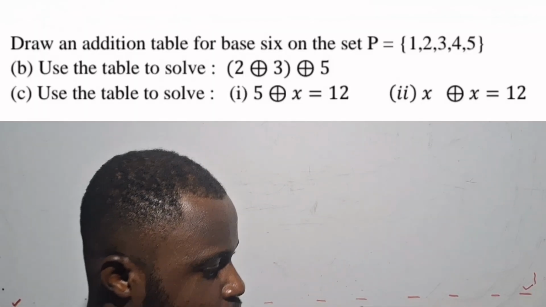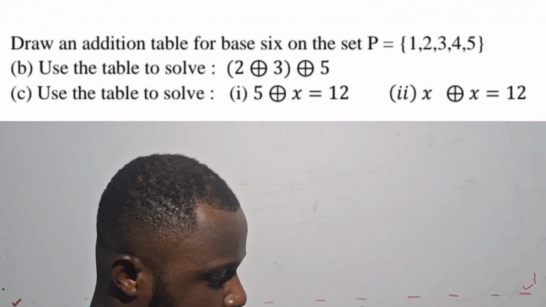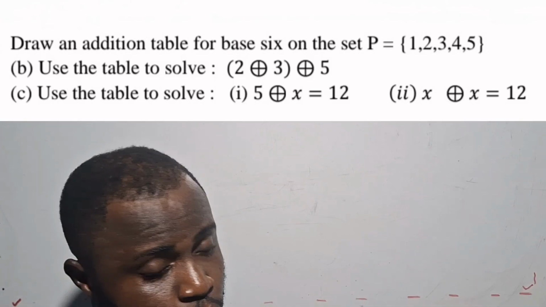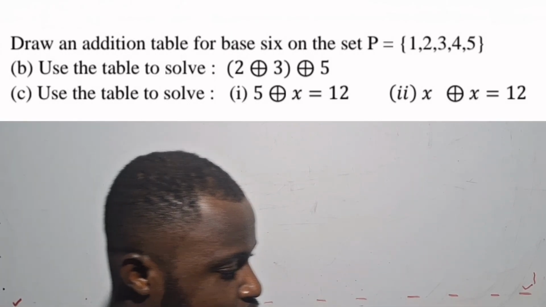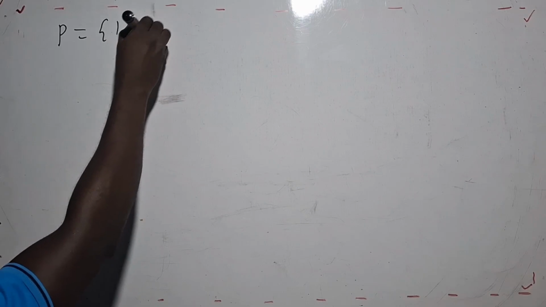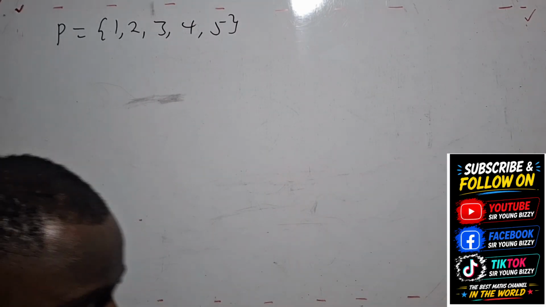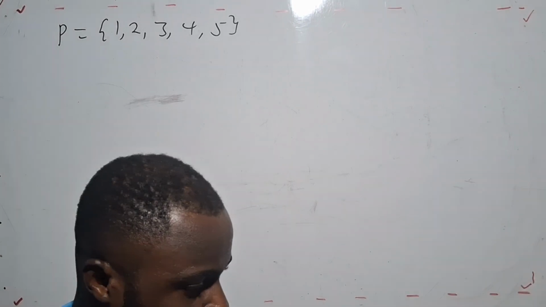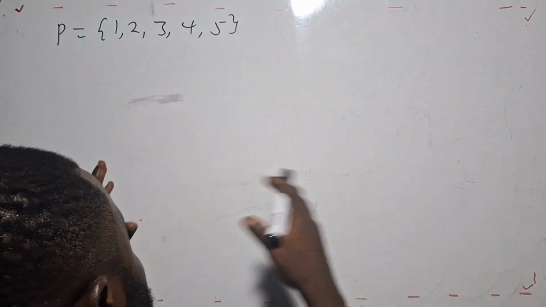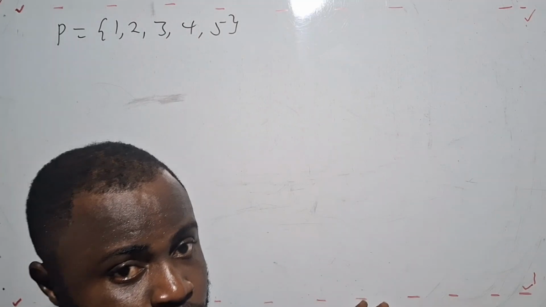They said draw an addition table for base 6 on the set P: 1, 2, 3, 4, 5. What you need to understand here is that if they've not given us any set of numbers to use, we are going to start from 0.